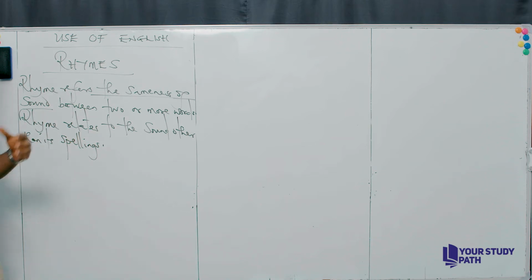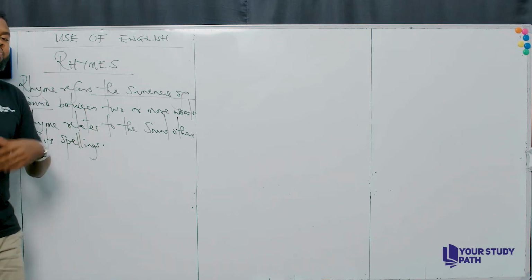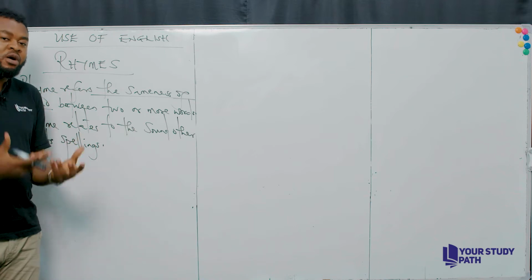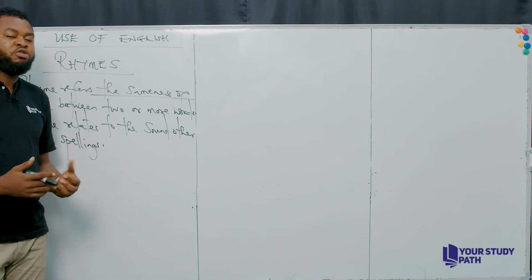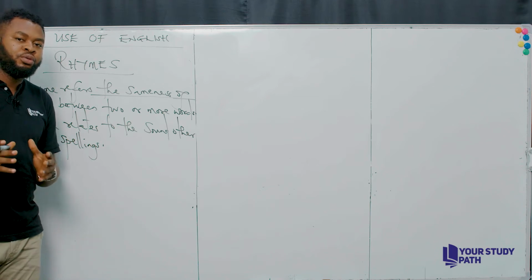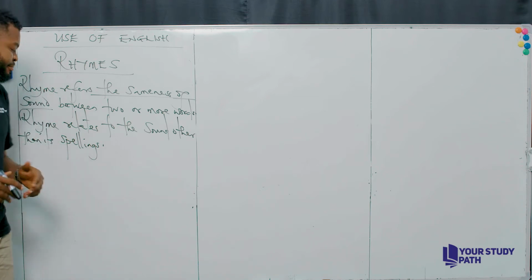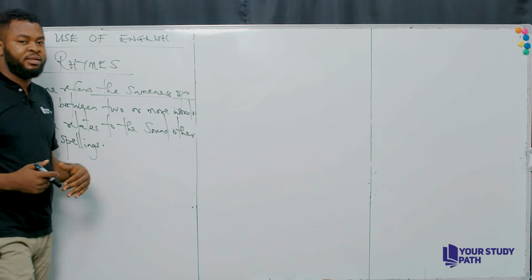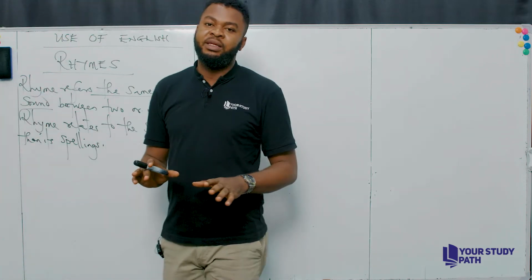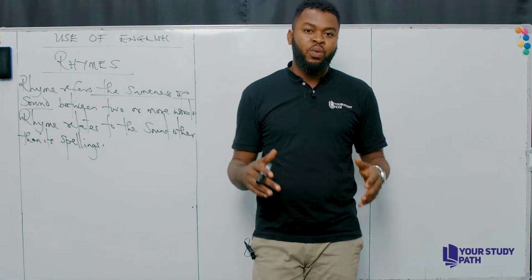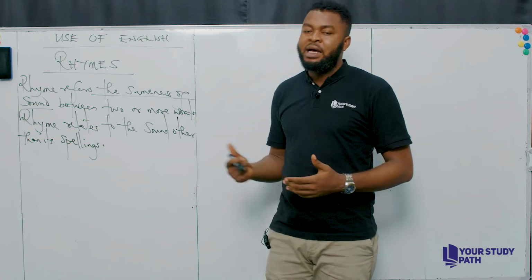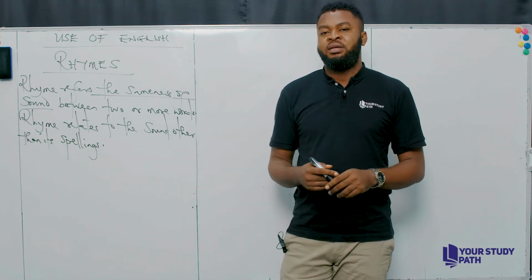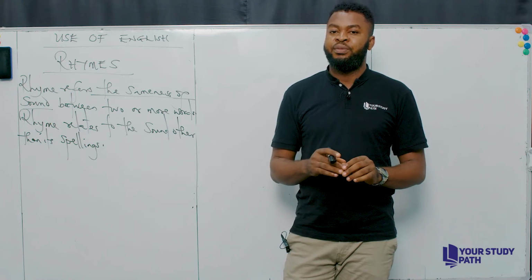So that means that when you talk about rhyme, you pay more focus to the sound system of that word, and you pay less attention to what is known as the spellings. So you disregard the spellings, you disregard the letterings of that word. You pay more attention to the sound that the word depicts. I hope that is clear to you.